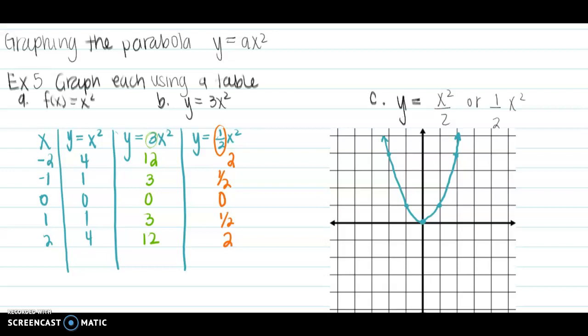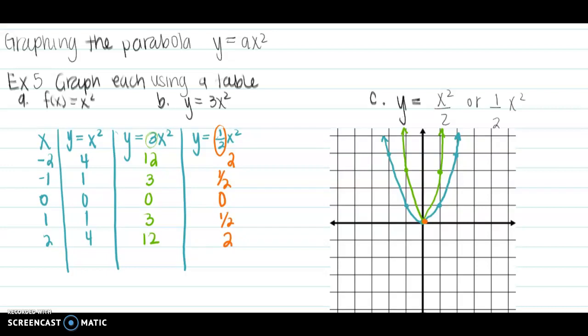12 is definitely going to be outside of the graph. So the next one is the green one. So we have 0, 0, so we still have 0, 0. And then we have 1, 3, and negative 1, 3. And so that would be our graph. And then the orange one is going to be still 0, 0.